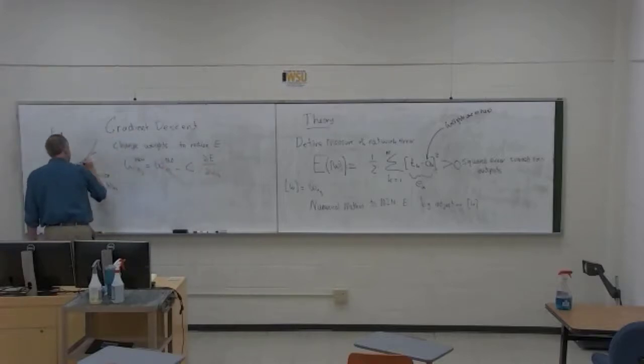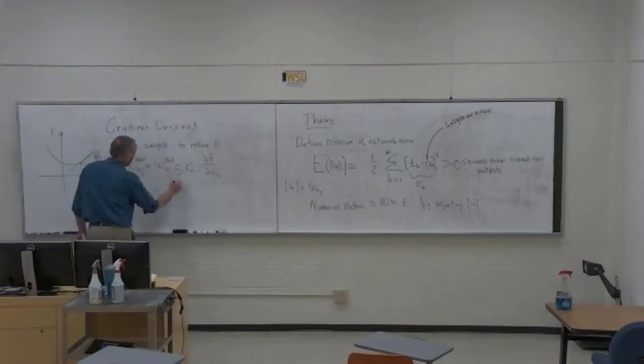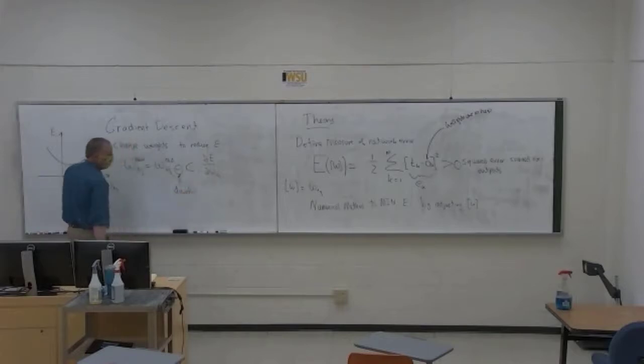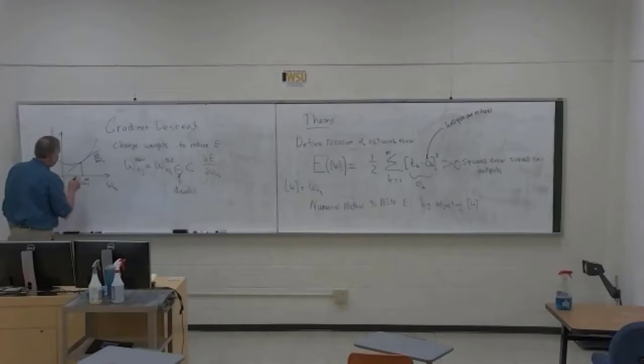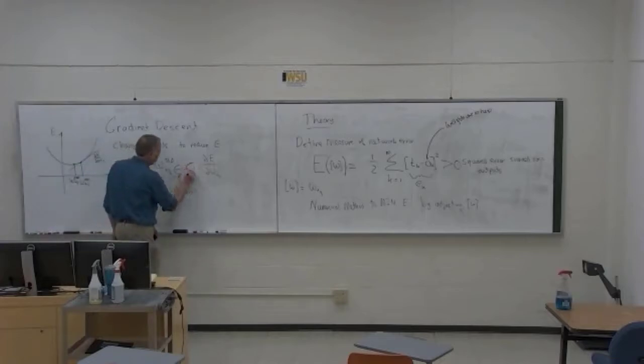So there's our derivative. That's the slope. And this is the downhill. Because we go in the, listen, I'm drawing a positive slope here, right? So if we go negative, we're going downhill. And the idea is that you'll march a little bit closer to the bottom. And how fast you march is this learning rate C.